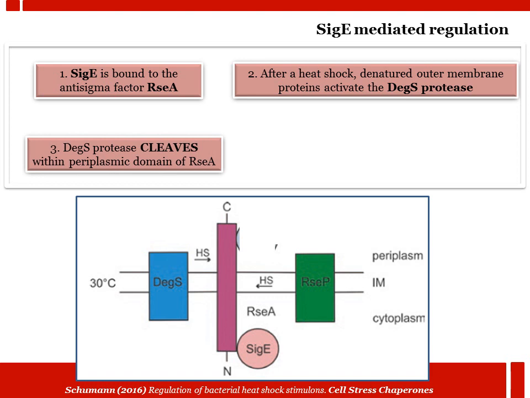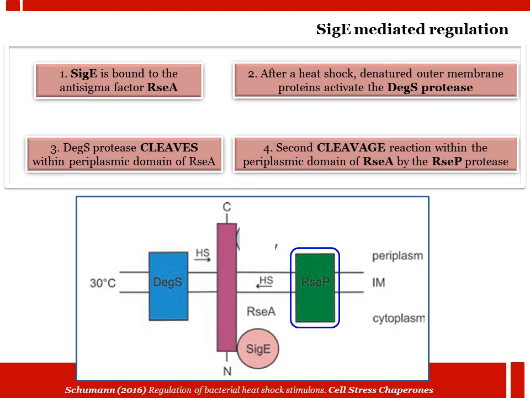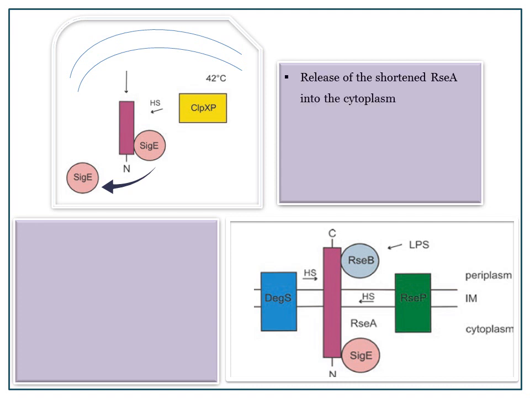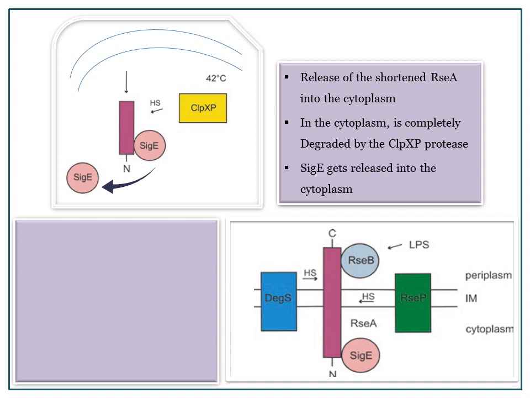This is the first step of cleavage, which is followed by a second cleavage by the RseP protease. So together they cause a cleavage in RseA, the periplasmic region. Such a region gets released into the cytoplasm along with SigE. Now this is sensed at higher temperatures by another protease, ClpXP, which further degrades RseA, and then SigE gets released into the cytoplasm and can now become activated.